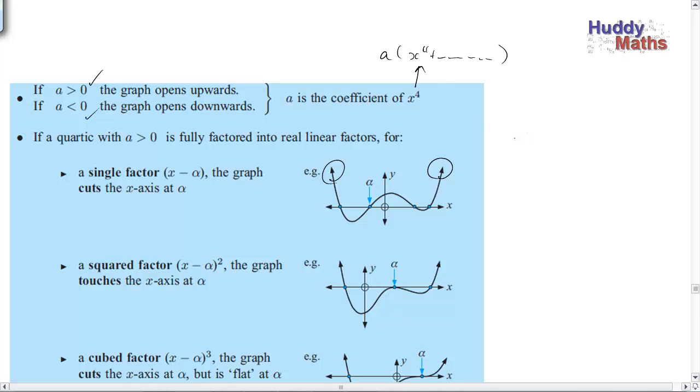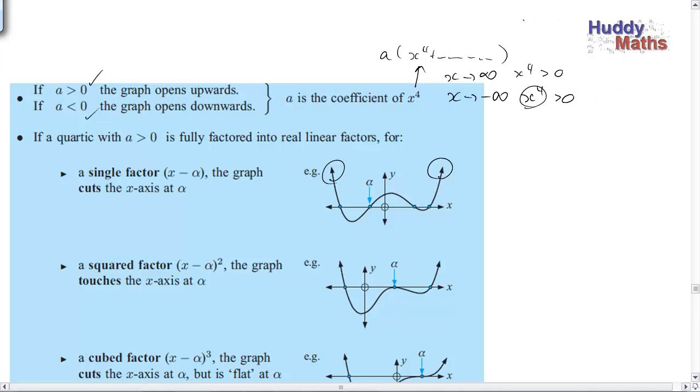Let's just check that. As x tends to positive infinity, x to the 4th will be greater than 0. And as x tends to negative infinity, because it's an even power, that will also be greater than 0.